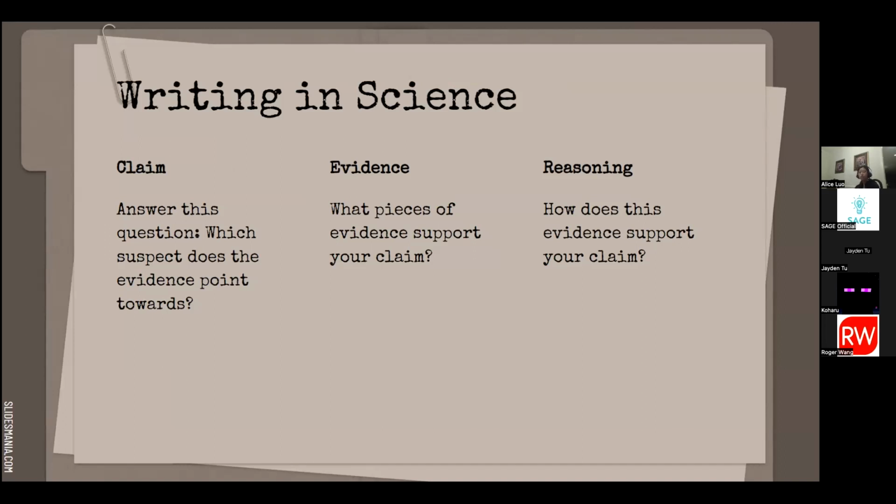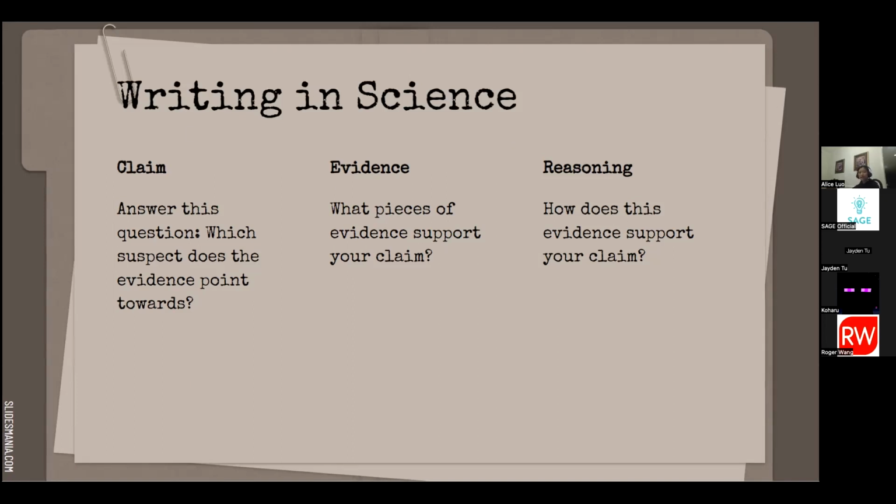Or who do you think did the crime? Your evidence would be whatever pieces of evidence support your claim. For example, the security camera saw somebody breaking into a store. That would be your evidence.